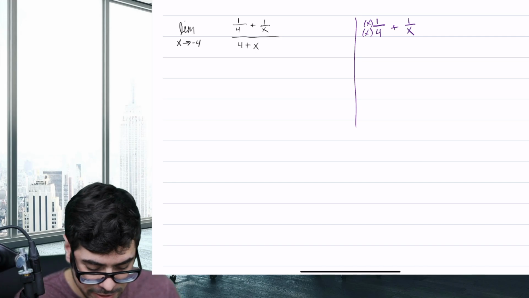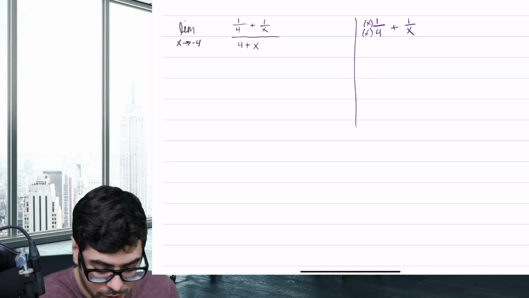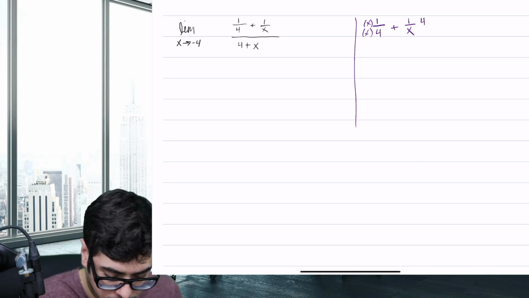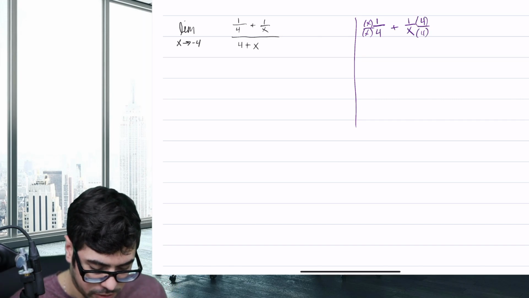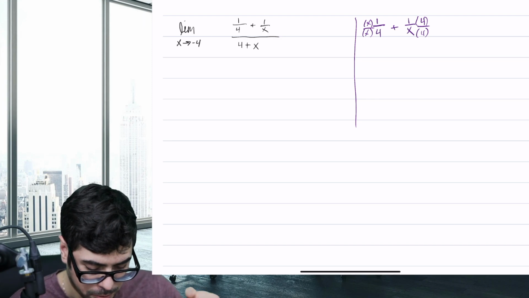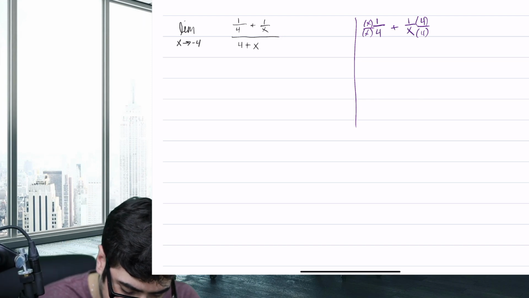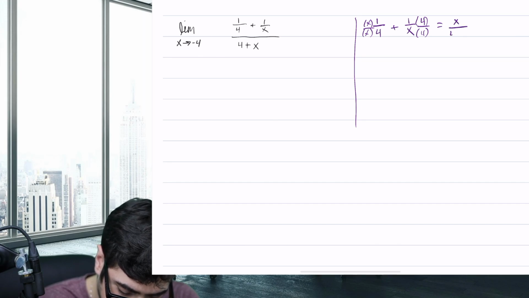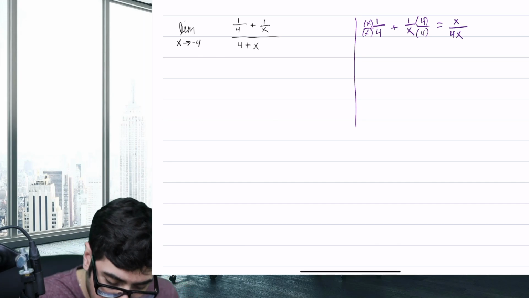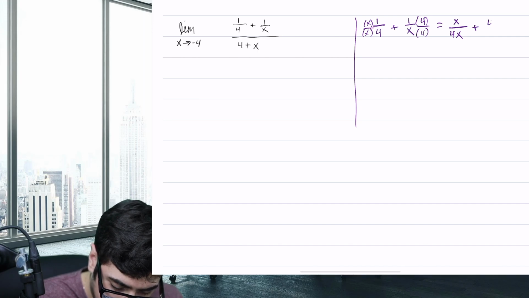Likewise, the other fraction doesn't have a 4 in the denominator, so I'm going to multiply by 4 over 4. Okay, so there's my multiplication. Now I'm going to carry it out. When I multiply this out, I get x over 4x plus 4 over 4x.